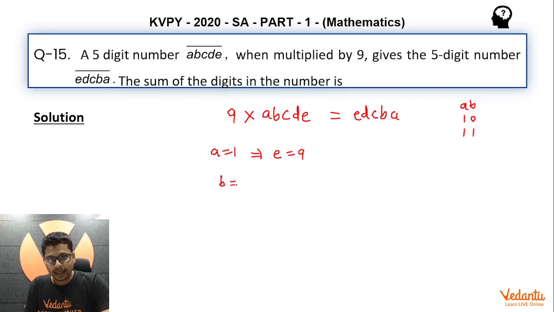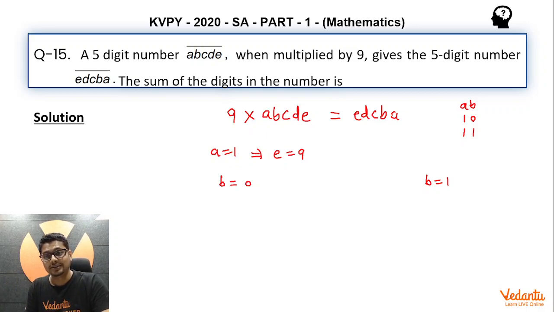Here B, as we have already discussed, can be either 0 or 1. Since E is conclusively 9, whether you see it as 9 multiplied by 1 giving you 9, or 9 multiplied by E giving you A as 1: 9 times 1 is 9, 9 2s are 18, 9 3s are 27, 36, 45, 54, 63, 72, 81.